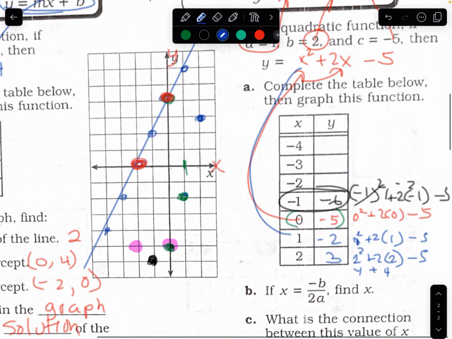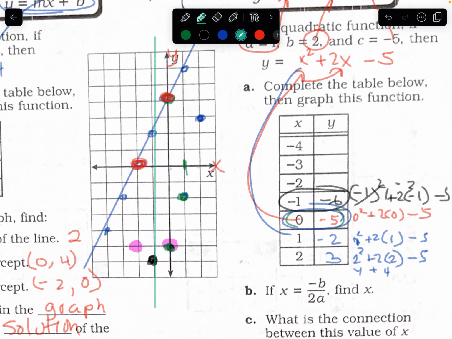That right here of 0, negative 5, that's what we call an axis of symmetry because it's symmetrical on both sides. Right there, okay. I'll draw another line. So that's the axis of symmetry. This is called the vertex. So if you put in negative 2, you should get negative 5 as an answer.